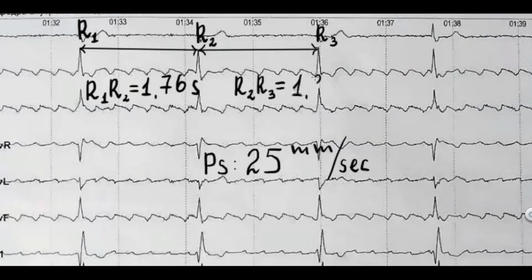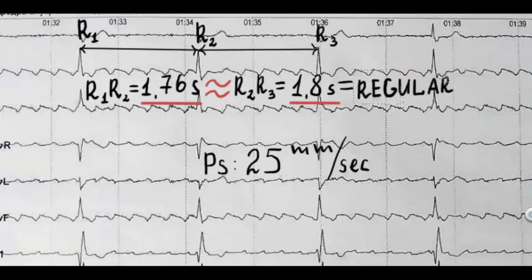The next RR interval is 1.8 seconds. We see that the RR intervals are approximately equal to each other, so the rhythm is regular.